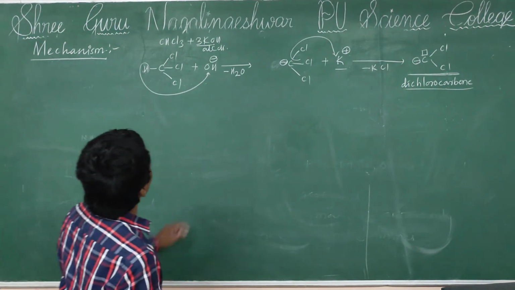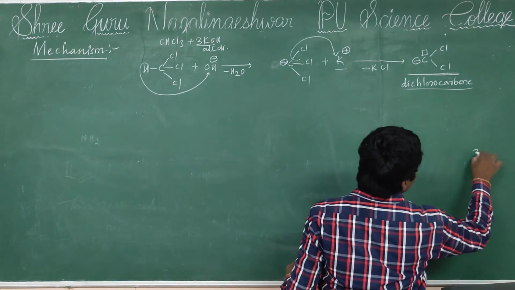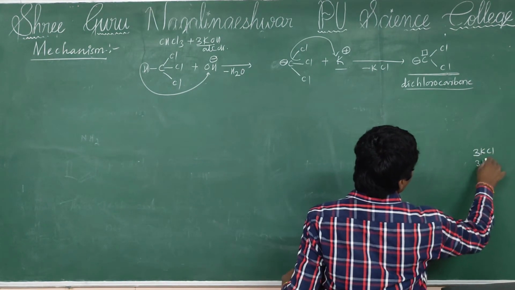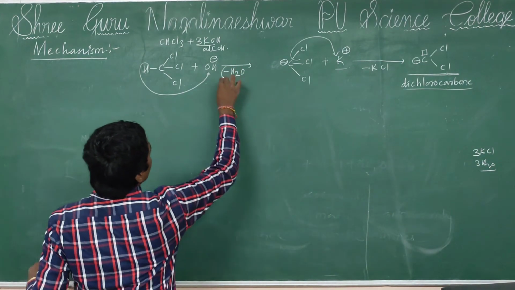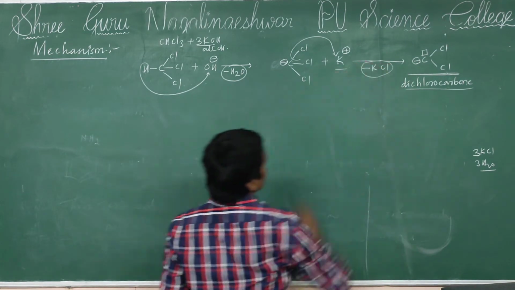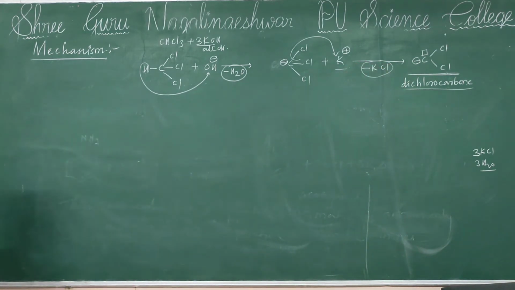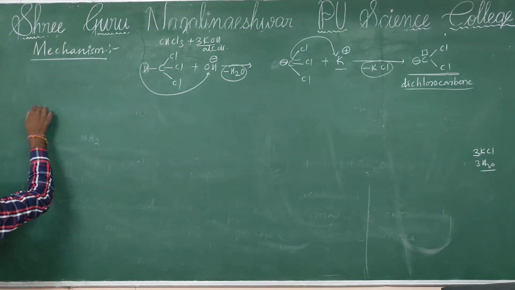So in this reaction, 3 moles of KCl and 3 moles of water will be formed. Already 1 mole of water and 1 mole of KCl are eliminated. Now take a primary amine.